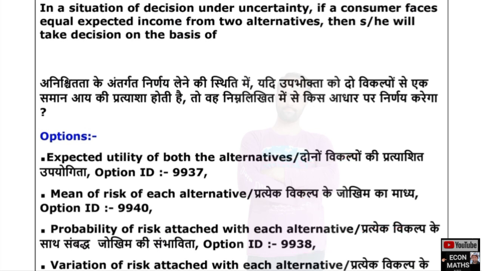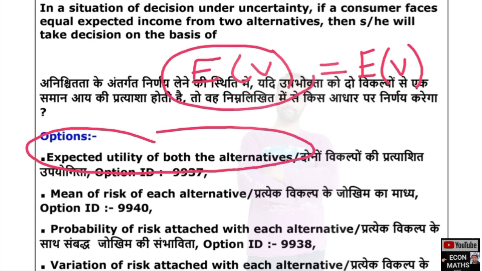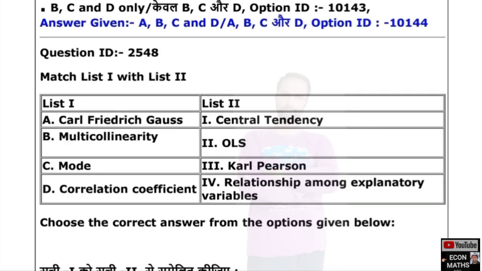The correct option should be expected utility of both alternatives. When we have the same expected value from two lotteries, to take a decision which one to play or not to play, we actually compare their expected utilities.